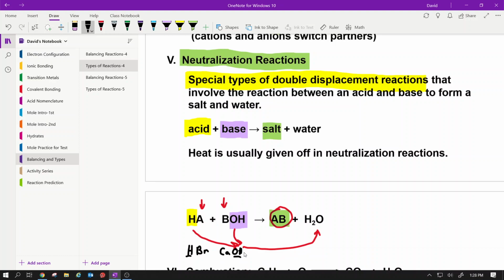Yeah, that's a Ca. Thank you, OH 2. And so the H and the OH will combine to make water, and the Ca and the Br will form to make the salt calcium bromide. Okay, and sure enough, it'll have a 2 also. All right, questions about that? And so this is technically called a salt.